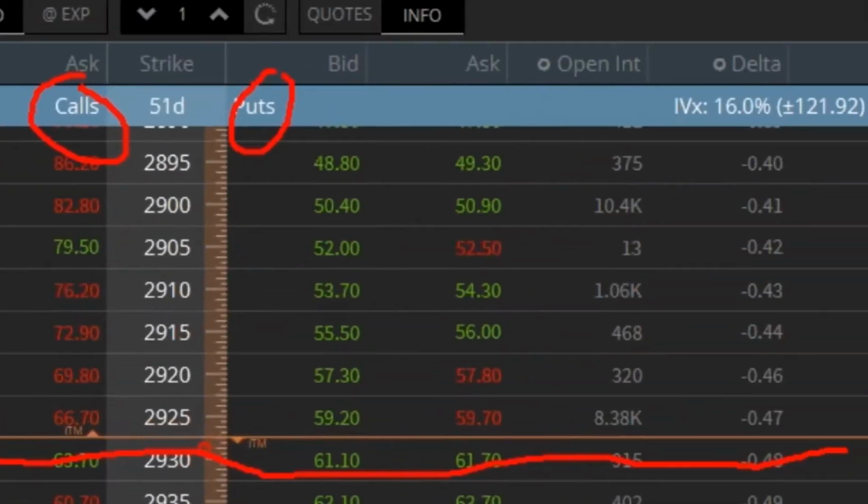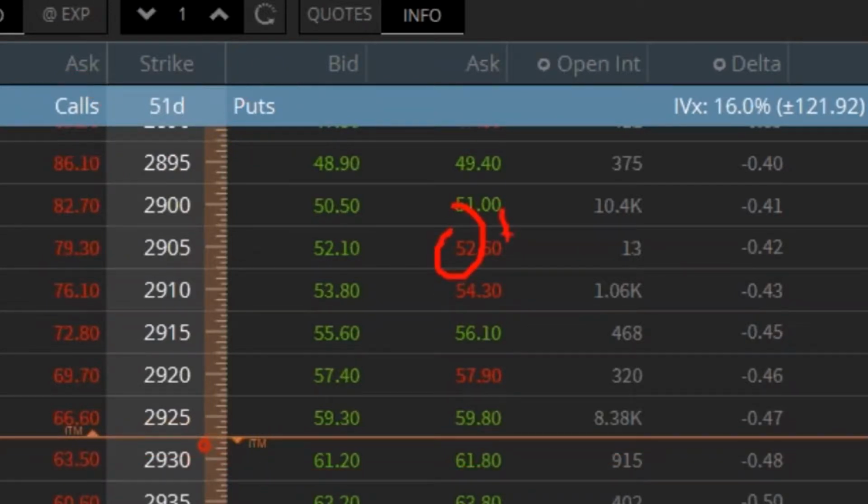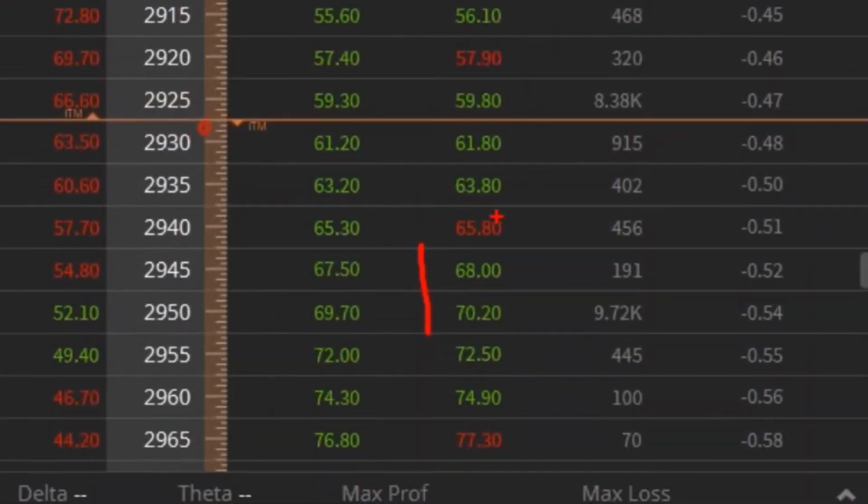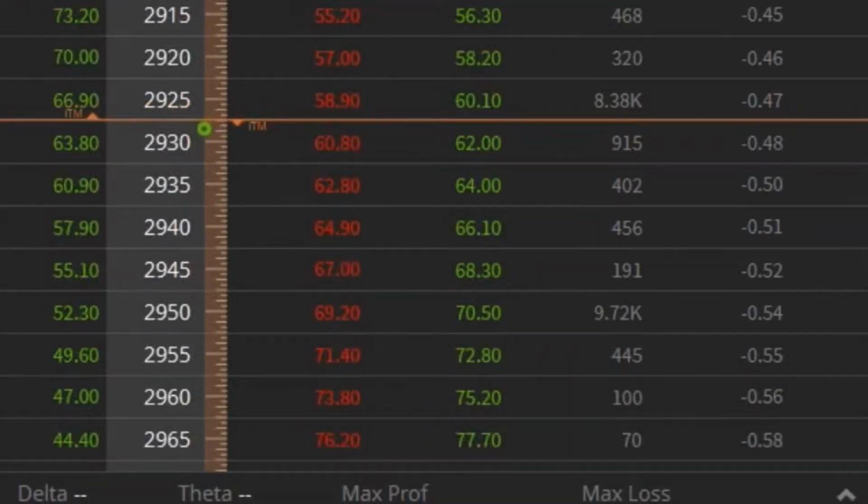And then on the put side, it's the opposite of the call side. So below the at the money line is considered out of the money, once again the OTM, and above the at the money line is considered the ITM, which is in the money.